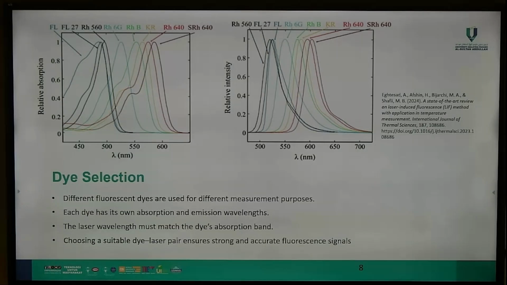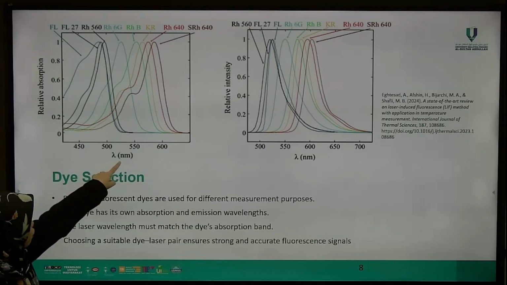So these are all the dyes that can be used to measure temperature. But each dye has its own absorption spectrum. For example, the green one is rhodamine B. It absorbs energy with the peak at 550 nanometers.